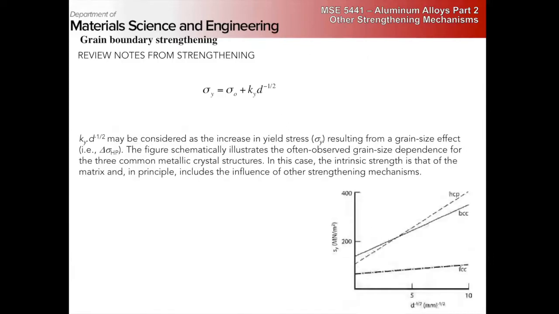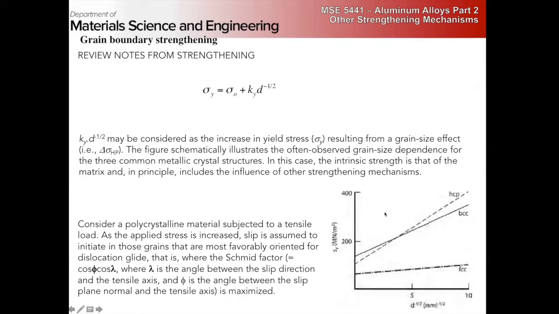Okay. So grain boundary strengthening. Review our notes on the Hall-Petch, but specifically for aluminum, we have to remember that the Hall-Petch slope for FCC is much lower than BCC or HCP. What that means is that in a lot of FCC systems, we can almost completely ignore the Hall-Petch effect.